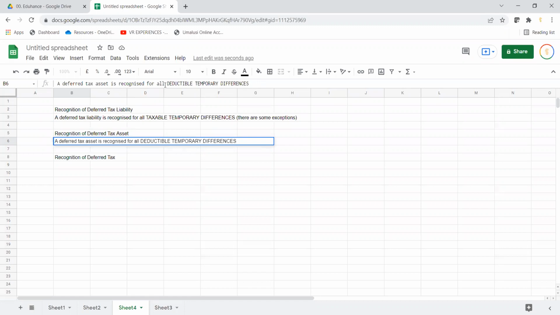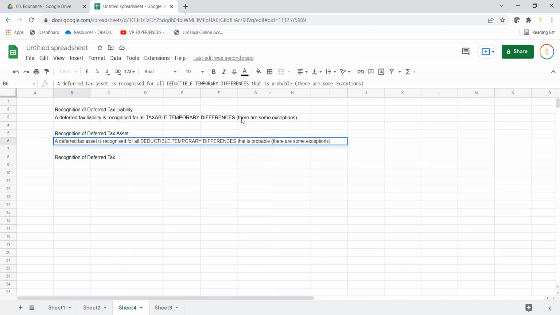So a deferred tax asset is recognized for all deductible temporary differences that is probable. Okay, I'm not going to write the whole thing, but that is probable. And once again, there are some exceptions.